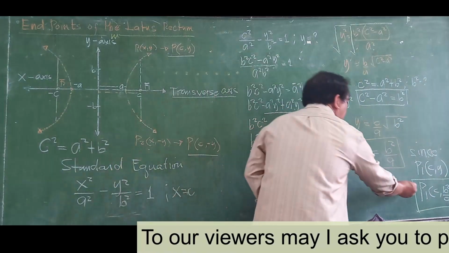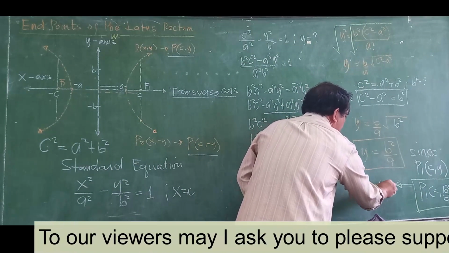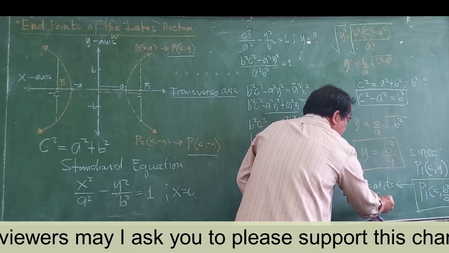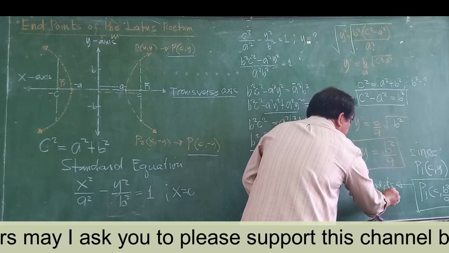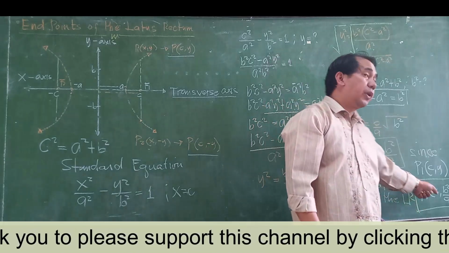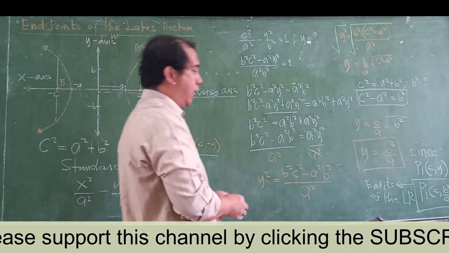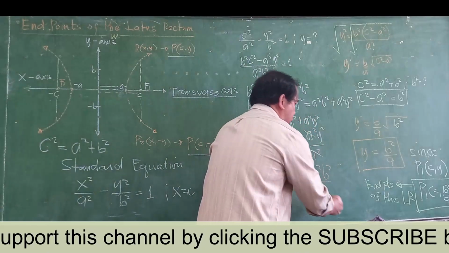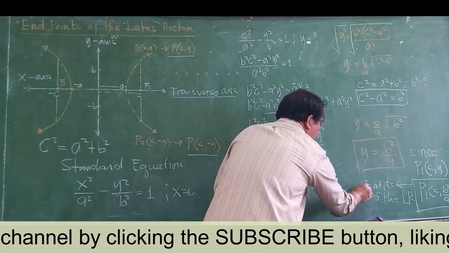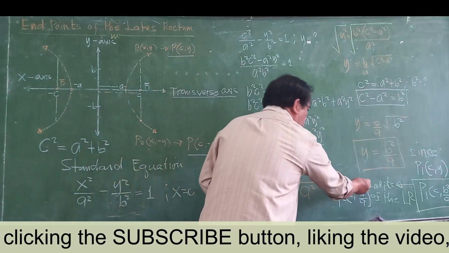Okay? So mark that one. Definitely, when we will be having the point 2, that is the other one, point 2, that is c and negative b squared over a. Endpoint of the latus rectum. Okay?